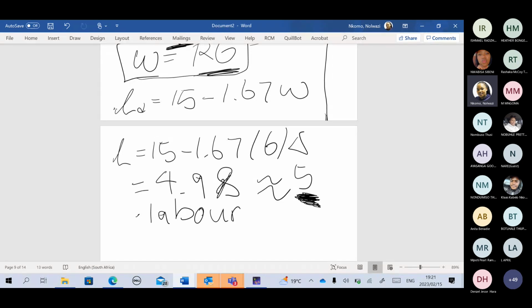For that you substitute the 6 in the labor market supply function. But if you want to find the number of workers the company will want to hire, you substitute that salary in the labor market demand function.